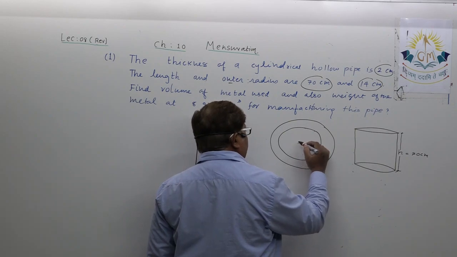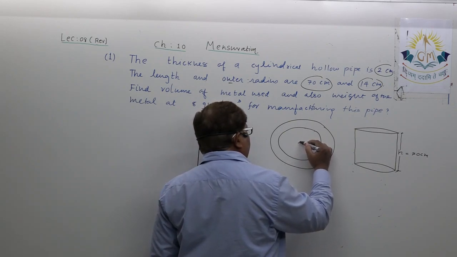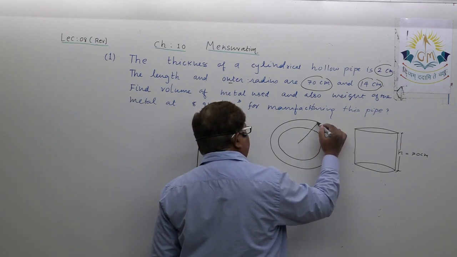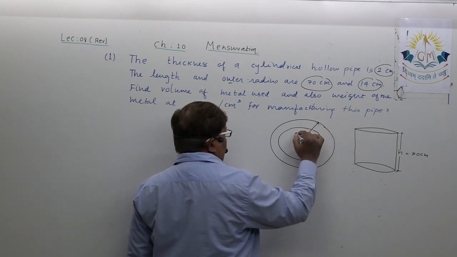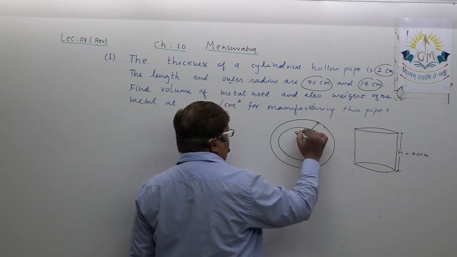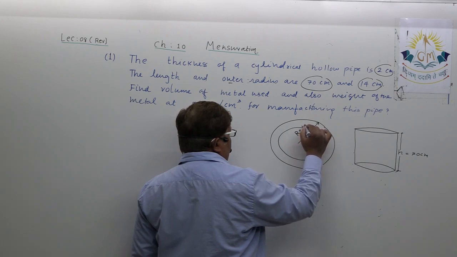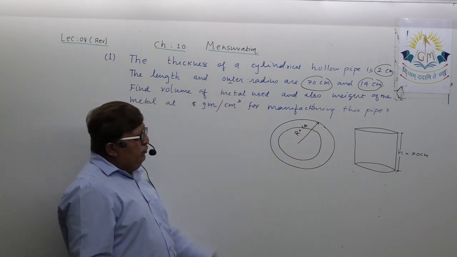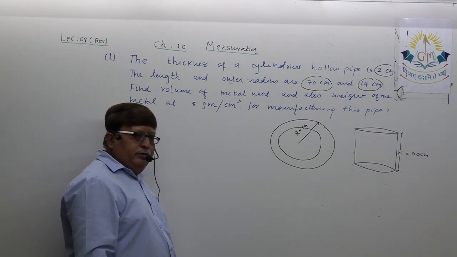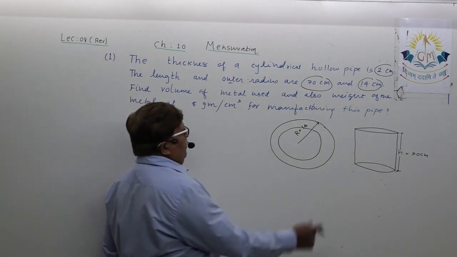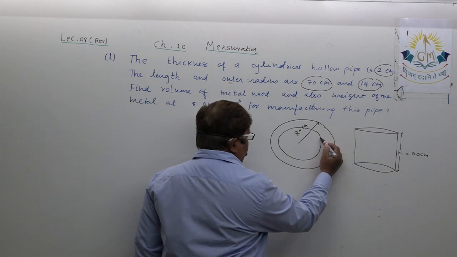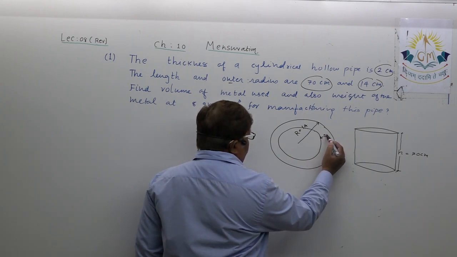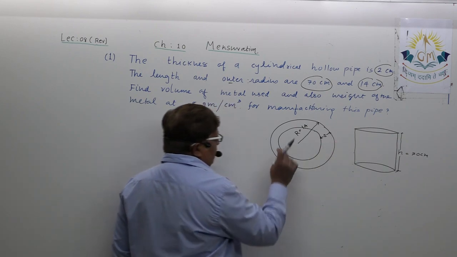Now, external radius capital R is given, 14 centimeter. Given, no? Outer radius is given. This thickness, dear student, is given as 2 centimeter.